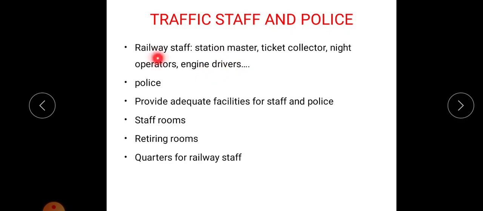These are the basic railway staff required at a railway station. And there should be police, with adequate facilities for staff and police, like staff room, retiring room, quarters for railway staff. So these are the traffic staff and police requirements in a railway station.